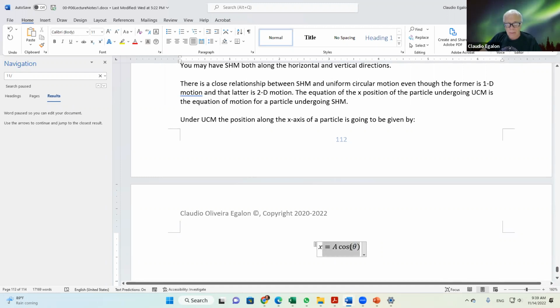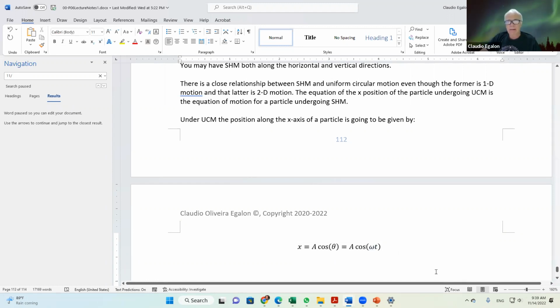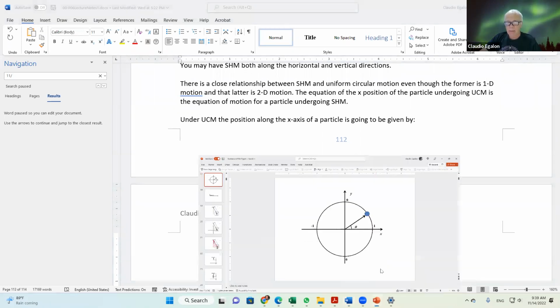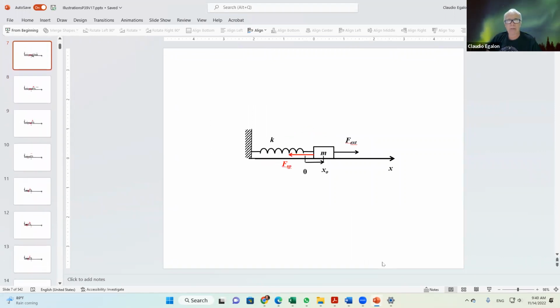Which, by the way, is going to be given by a constant that I call omega, times the time t, okay? That's the very equation of simple harmonic motion: an amplitude times a cosine of omega t as time goes by. So that's the equation of this particle here, going back and forth. The amplitude is going to be my x naught in this case, okay?